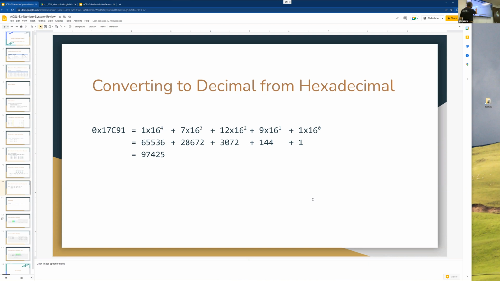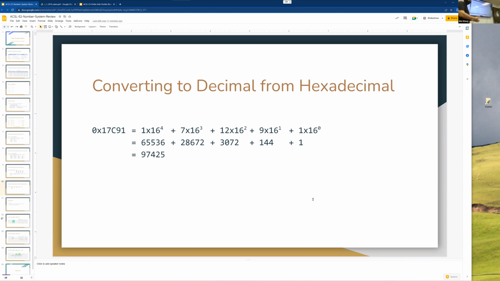And when we convert from decimal to hexadecimal, we do division by 16. Remember? We do division by 16, and then we get the remainder. The remainders would be from 0 to 15, right? If it's more than 16, then you can still divide that by 16, and then you get a smaller remainder.